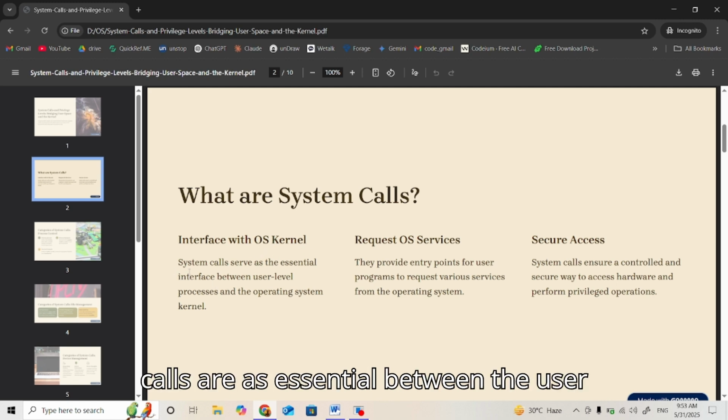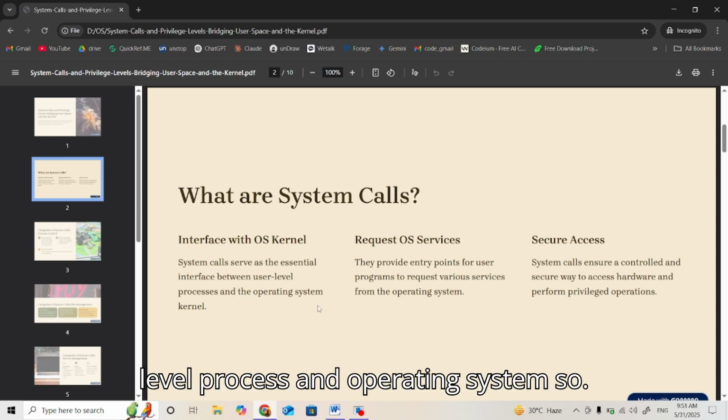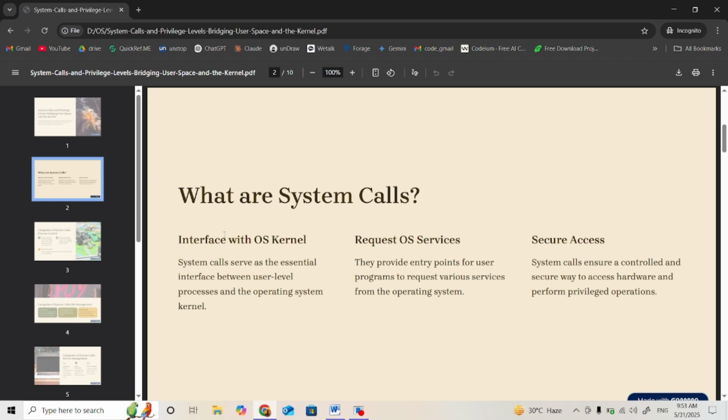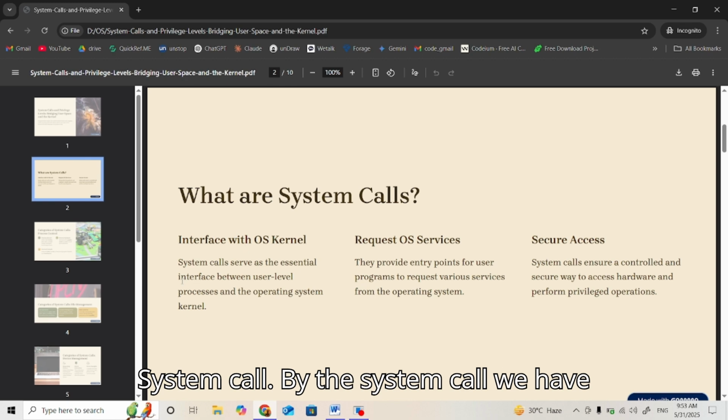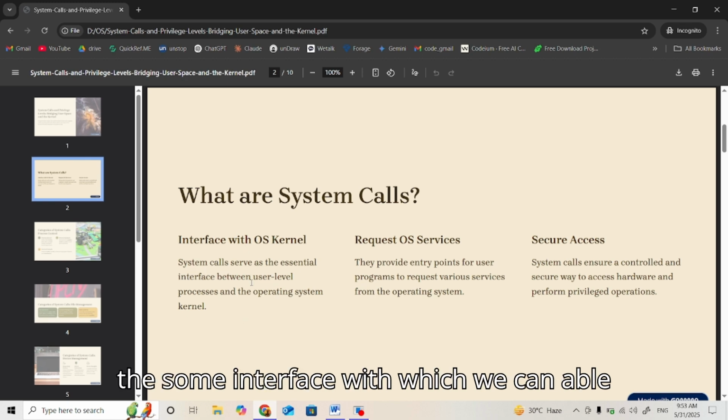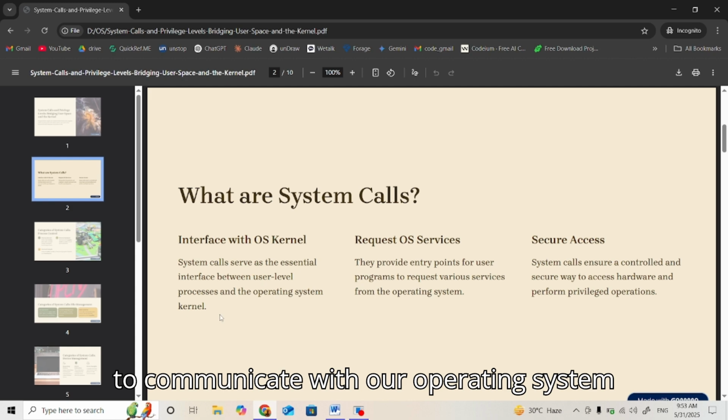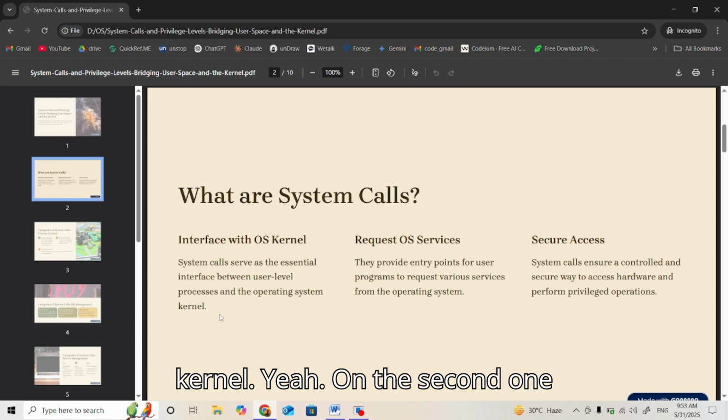The system calls are essential between the user-level process and the operating system. Through the system call we have an interface with which we can communicate with our operating system kernel. The second one is requesting OS services.